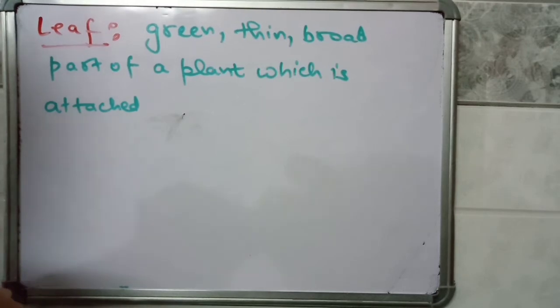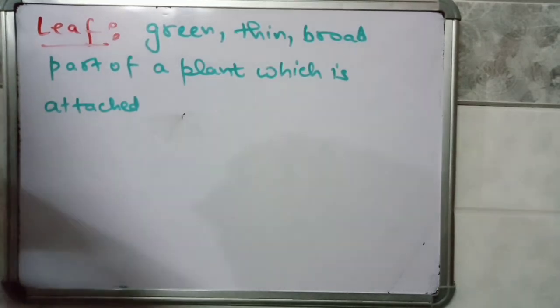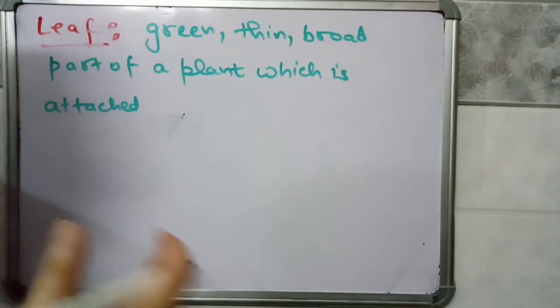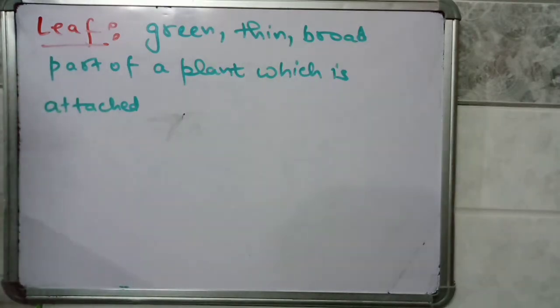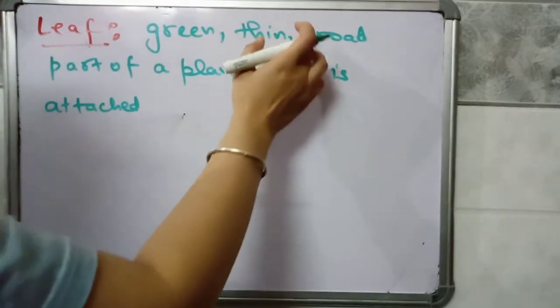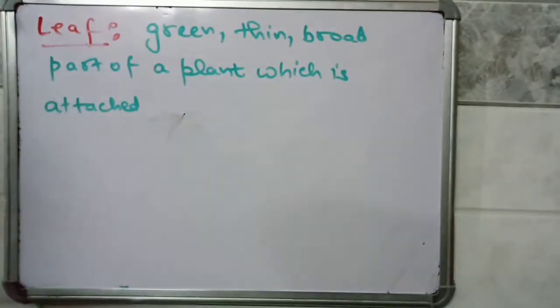Mostly leaves are green in color, but in some plants leaves have a color other than green also. So a leaf is a part of a plant which is thin, broad and mostly green.